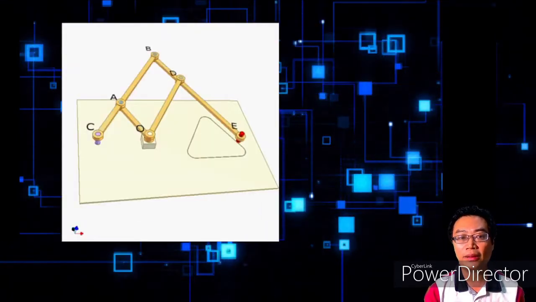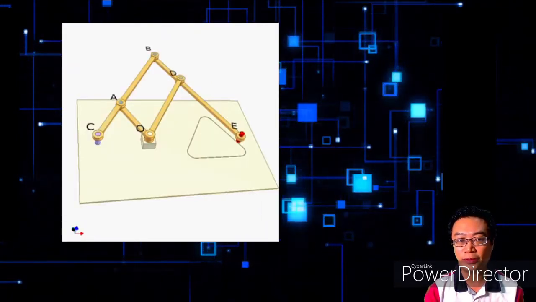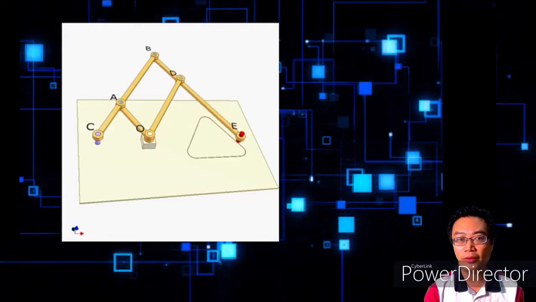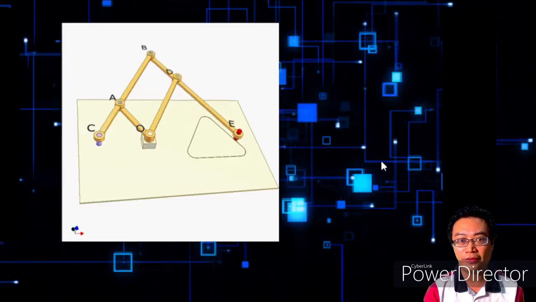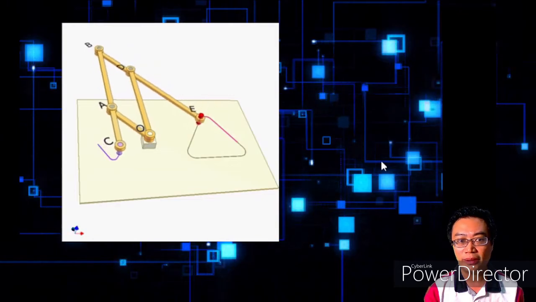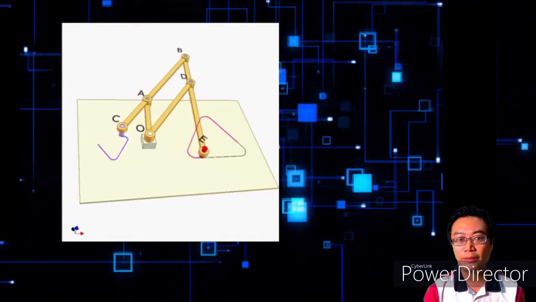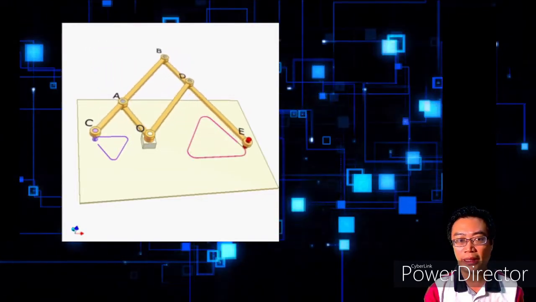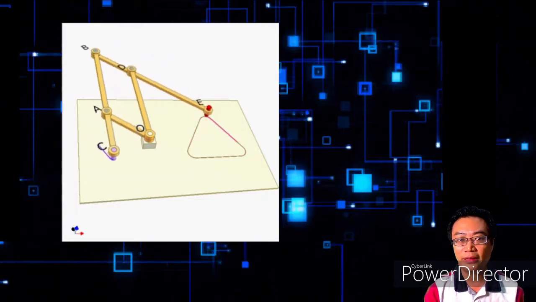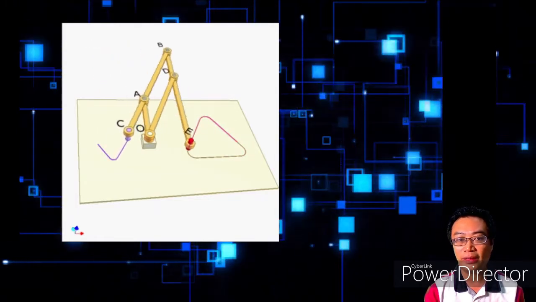Let's take a look at the last pantograph example today. Here we have what we call an inverted pantograph. Let's take a look at the motion. As you can see, as point E is driven to trace a triangle, point C is tracing a smaller yet inverted triangle.